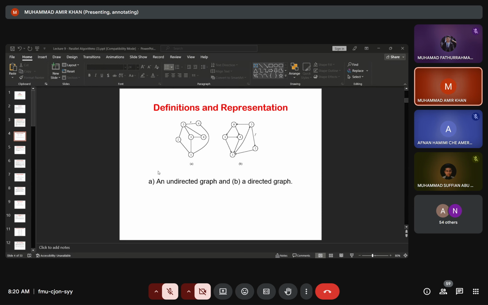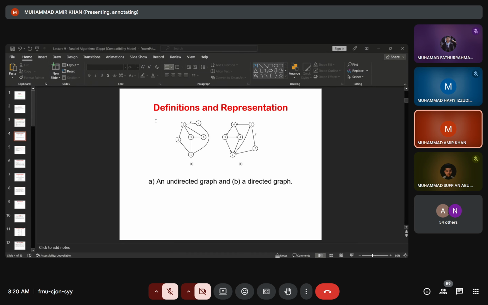A student answers: directed graph is unilateral and undirected graph is bidirectional. Very good.